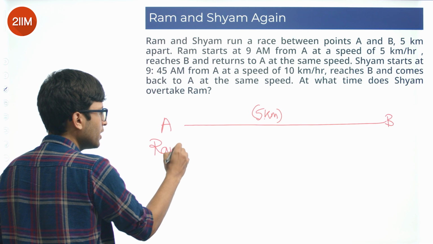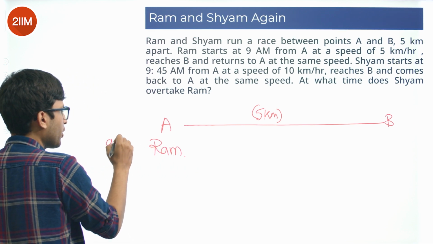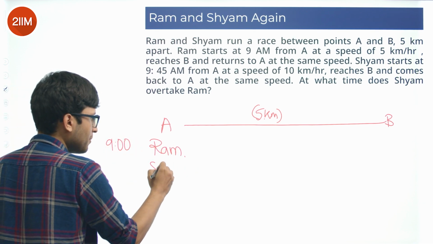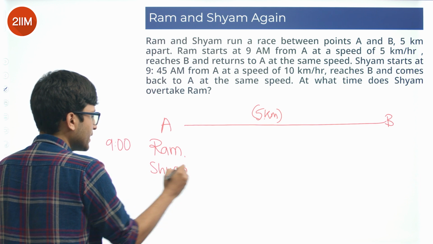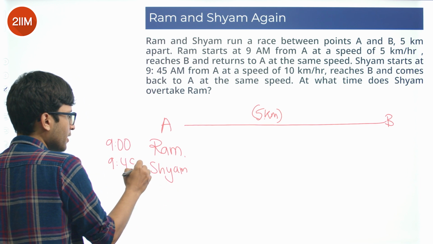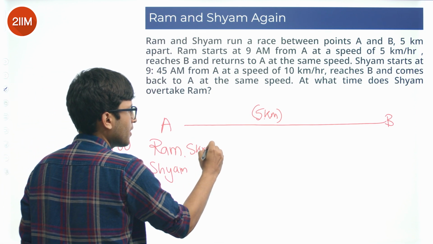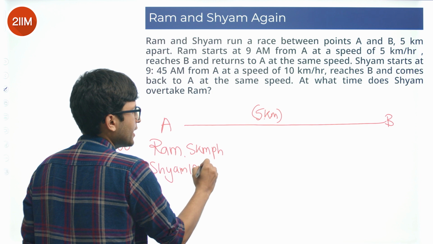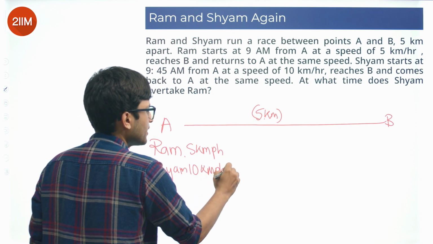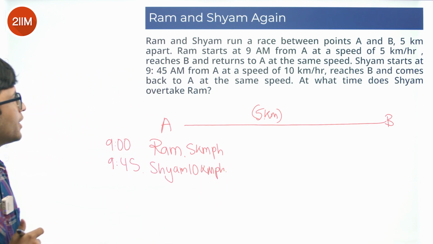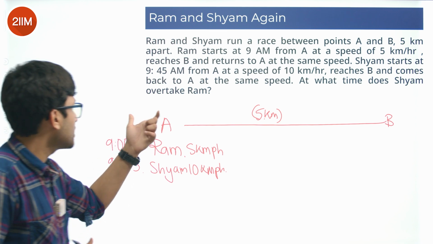Ram starts at 9 in the morning, and Shyam starts at 9:45 in the morning. Ram is moving at 5 kilometers per hour and Shyam at 10 kilometers per hour. These are the things which I know. What I need to find out is when Ram will overtake Shyam, or when Shyam will overtake Ram.